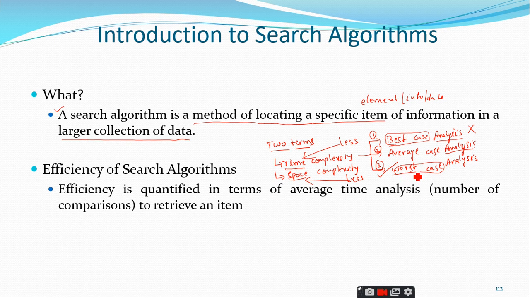So in the worst situations, if the algorithm gives the best result, then you will consider it as the best algorithm. Even in real life also, you are going to evaluate a particular person whenever he faces the worst situations. How strong he is or how strong she is depends on the worst case situations.